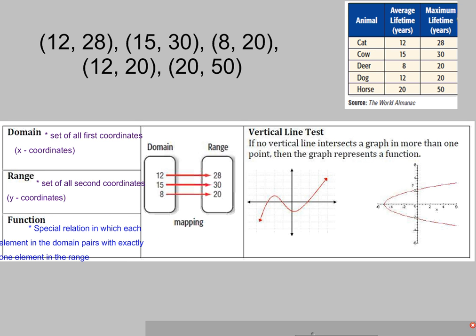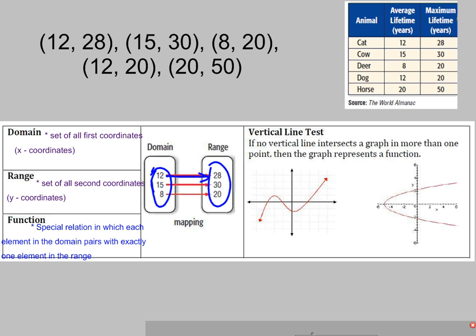A function is a specific relation in which each element in the domain pairs exactly with one element in the range. All right, so if you want to look at a mapping, which is what this middle thing is, this is a pretty good idea. So this is your domain, this is your range. Everything in the domain points to one thing in the range.